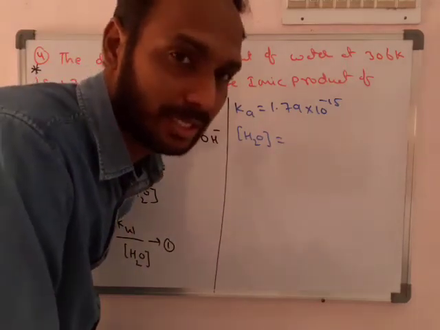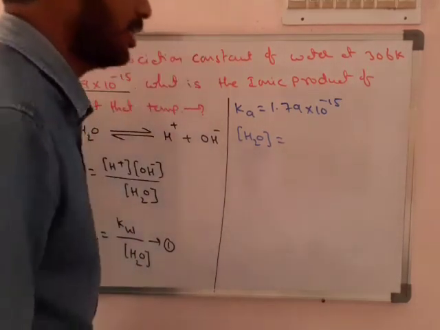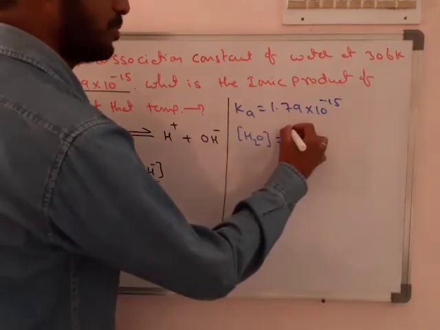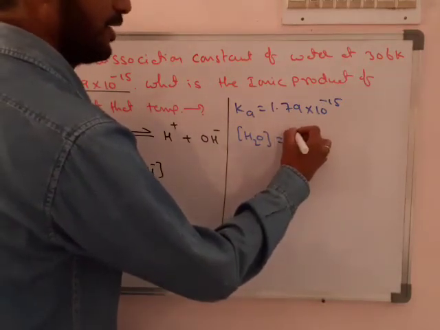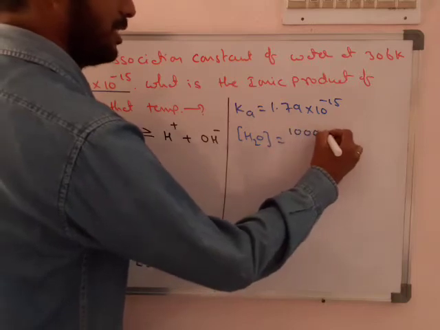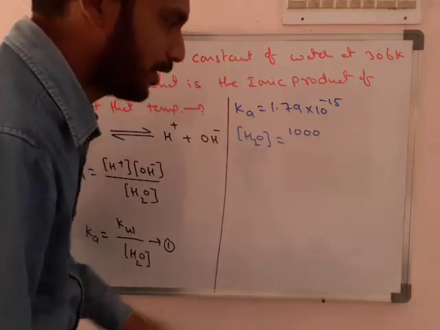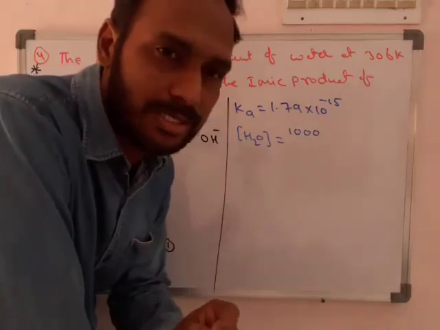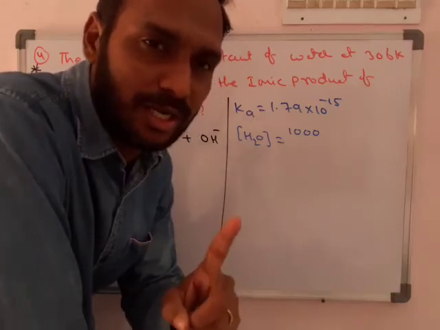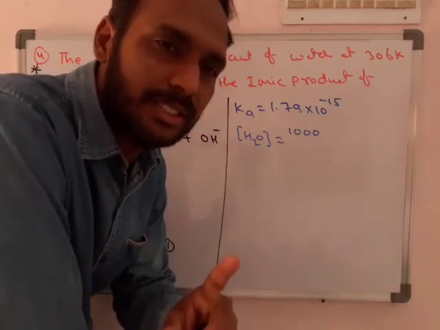We have to calculate it for one liter. What is the number of moles? Number of moles means weight. Weight we are taking as 1000 grams. Why we are taking 1000 grams is because we are calculating it for 1 liter. 1 liter means how many milliliters?